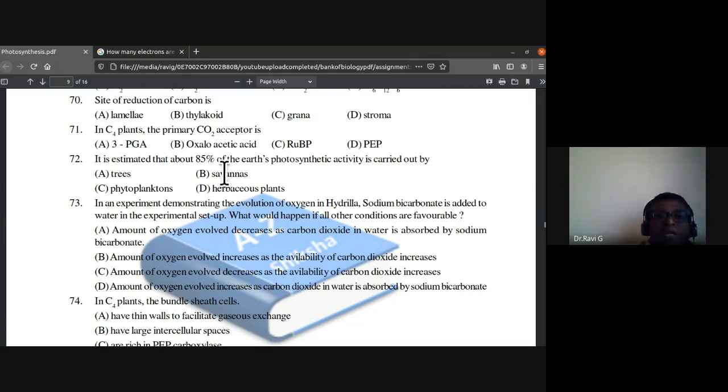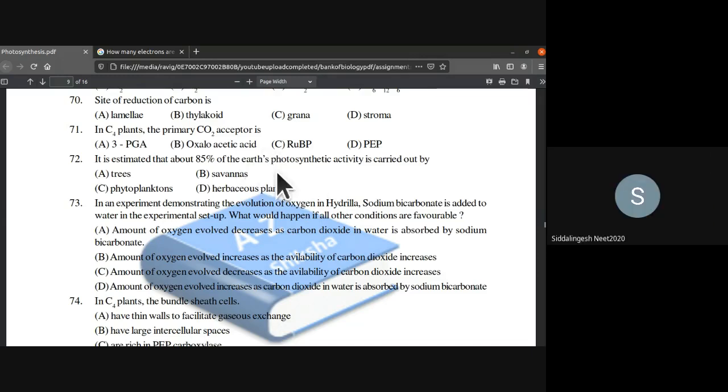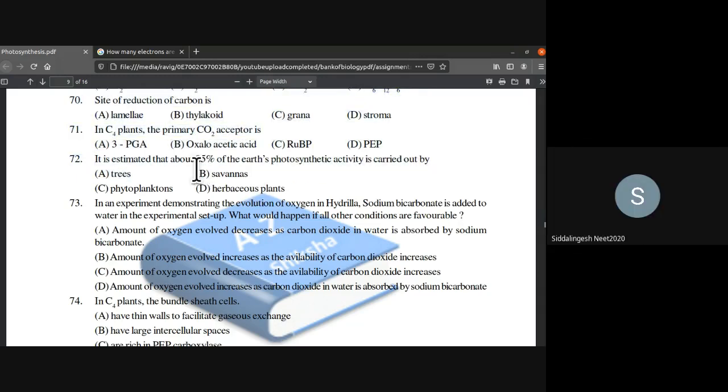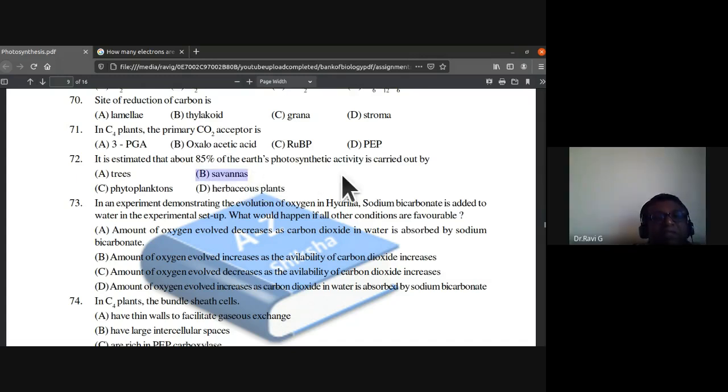It is estimated that about 85% of the Earth's photosynthetic activity is carried out by trees, savannas, phytoplanktons, or herbaceous plants. The savannas, they have given as grasslands.